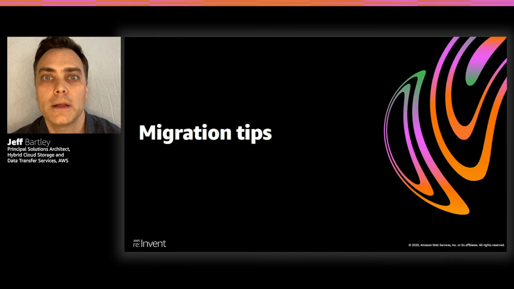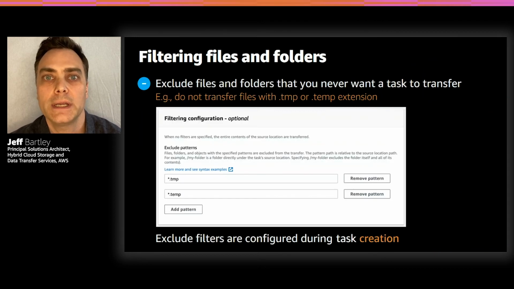All right, so now let's talk about a few tips that you can use for migrating your data using DataSync. So we talked a little bit about filtering. DataSync comes built in with filtering capabilities. We have both exclude and include filters. Exclude filters allow you to exclude data that you don't want to copy up into AWS.